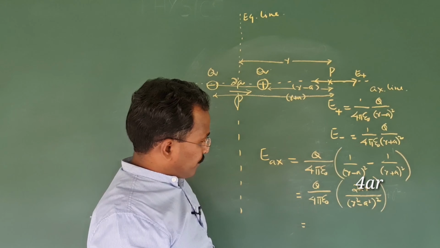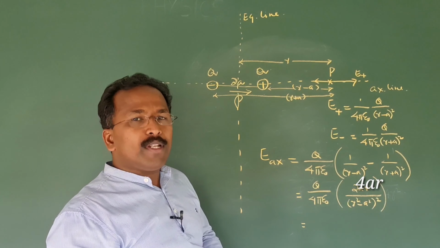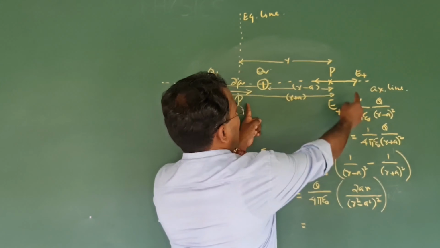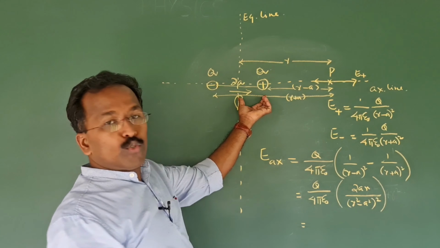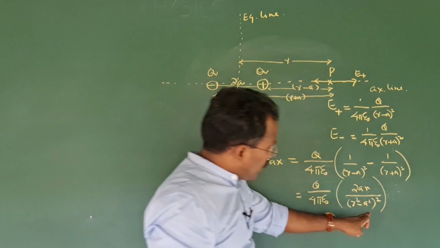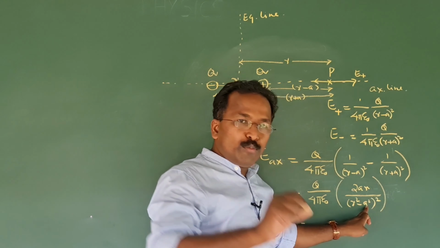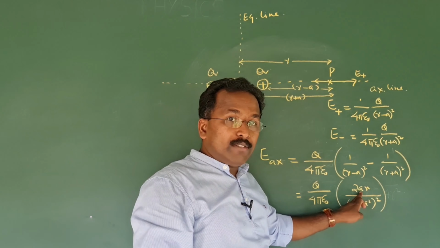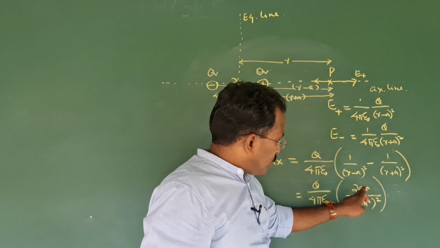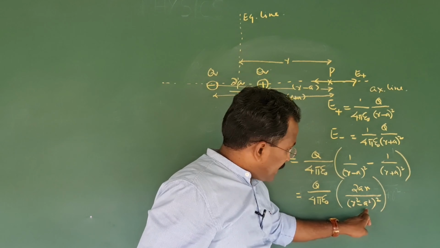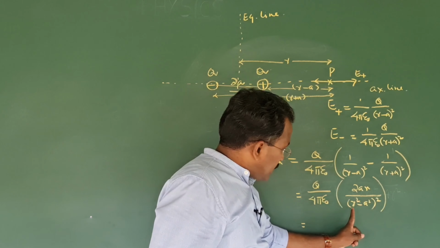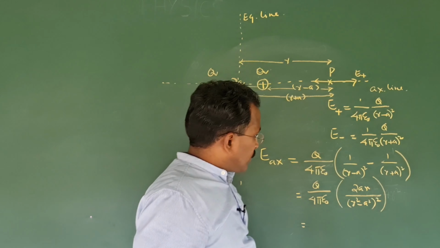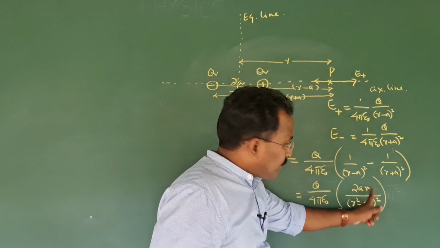this is the equation. I can simplify that, because this distance r is usually very large compared to a. So I consider this a to be negligibly 0. Of course this a cannot be put into 0, that will make the whole thing meaningless. So this a I am not neglecting, but this a I can neglect. So it is r square whole square, that is r raised to 4, which cancels with this r.